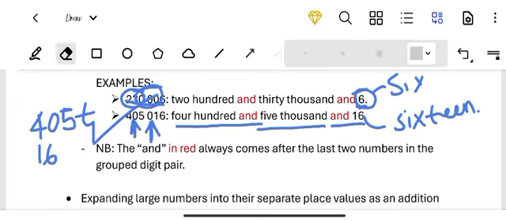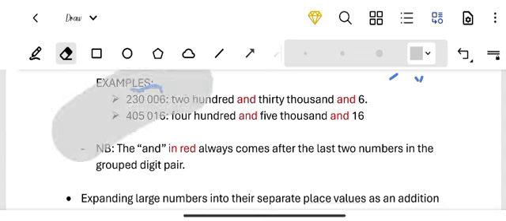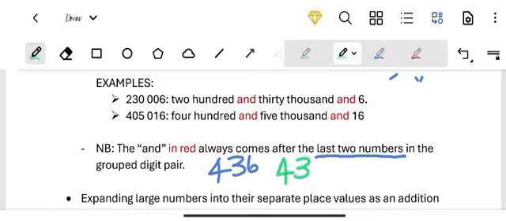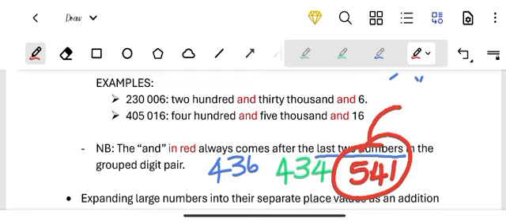So let's see. There I stated that when you see the "and" in red, it always comes after the last 2 numbers in the grouped digits. What do I mean? I mean that if I have this one, I'm going to say 541.